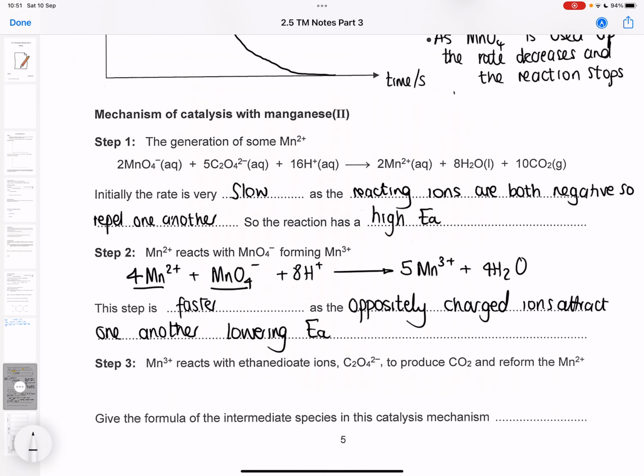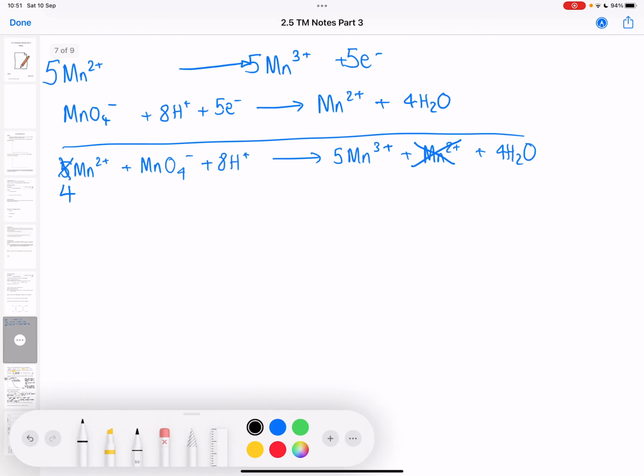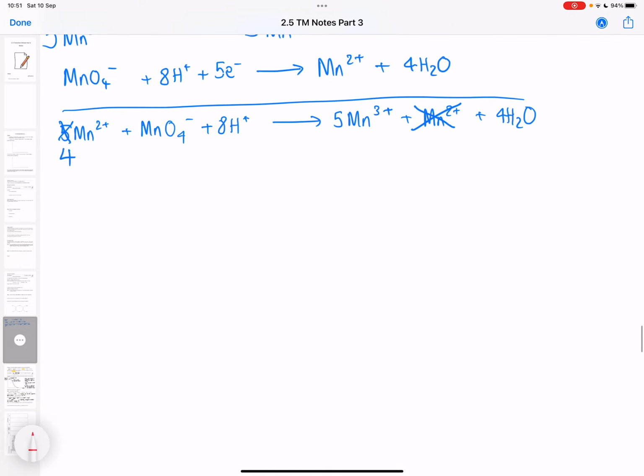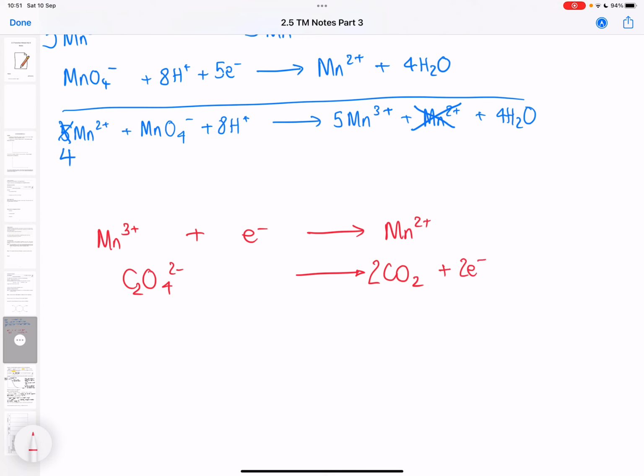Okay, so now we've got Mn3+, and Mn3+ is going to be able to react with our other ion, our ethane dioate ion. The Mn3+ we formed, because it's going to act as a catalyst, is going to be reduced back to Mn2+, and ethane dioate ions are going to be oxidised to our other product, carbon dioxide. Again, we can use our rules, balance the carbon, and the oxygen's already balanced, so we're just going to balance the charges.